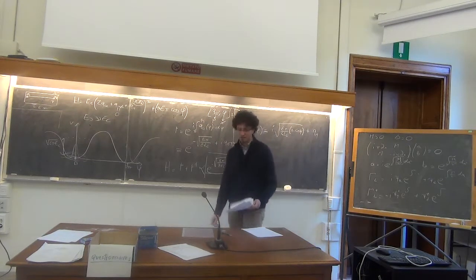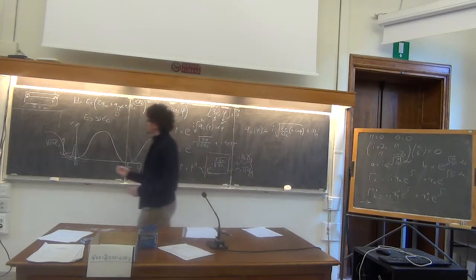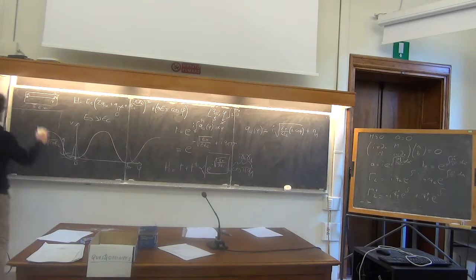But this is not the end of the story, because experimentalists are very clever, and they may substitute this single Josephson junction with a split Josephson junction, which is an object done in this way. It's essentially a SQUID for superconductivity, where here I can put a magnetic flux.